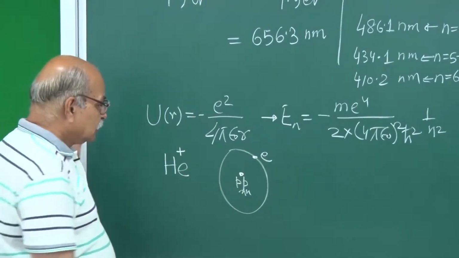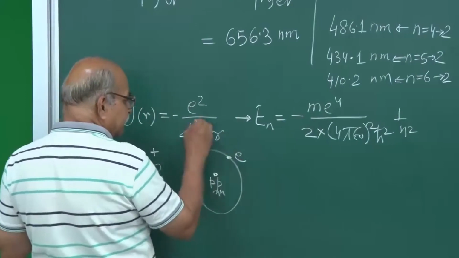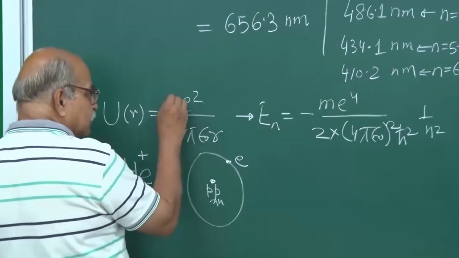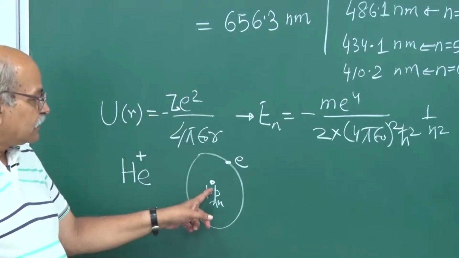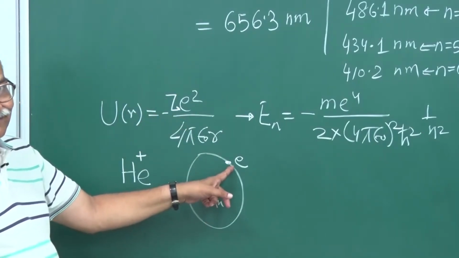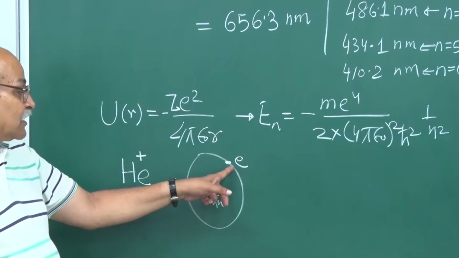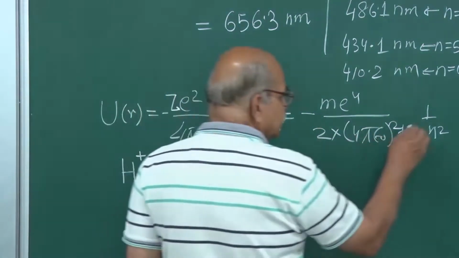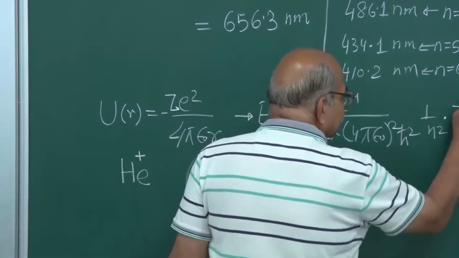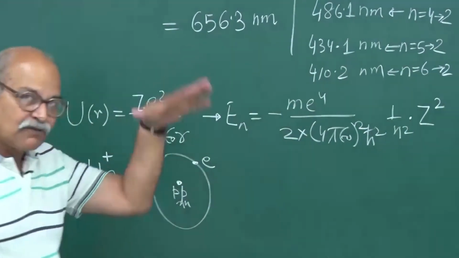For this, the potential energy will be given by 2 times this. So, let me write Z times this. If there are Z protons in the nucleus and only 1 electron, then you have an ion where the potential energy will be given by this, and then this E n is modified by multiplying by Z square, and everything works quite well.